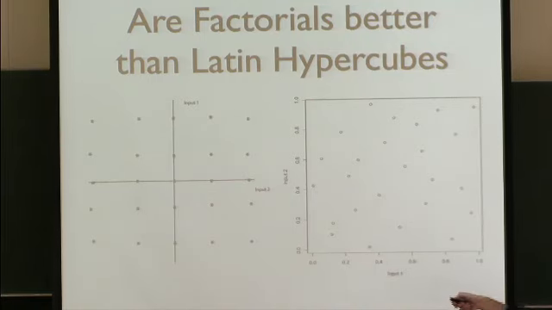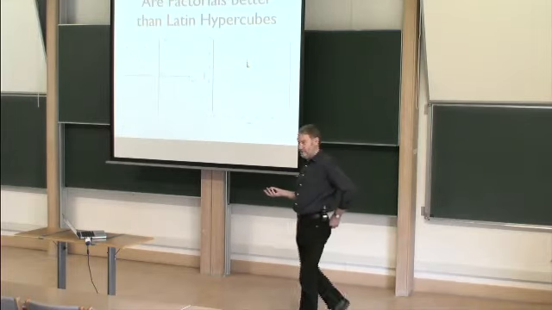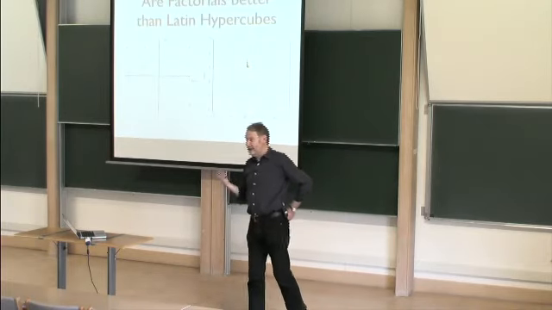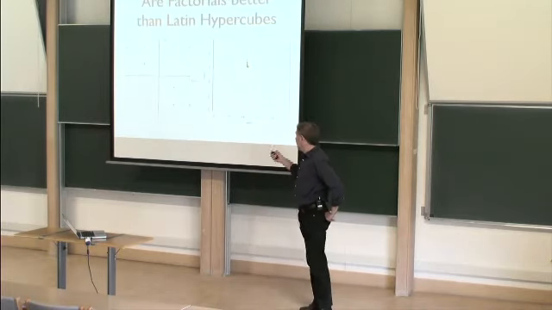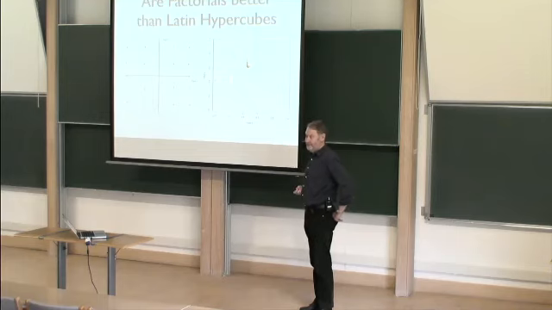But if you actually found there was no interaction between these two variables, so this one and this one were independent, in effect we'd only have 5 points here, because these would all be the same. Here we'd still have 25 points, so on the margins the Latin hypercube outperforms the factorial. So in many ways, even if you can afford the factorial, the Latin hypercube might be a better design.